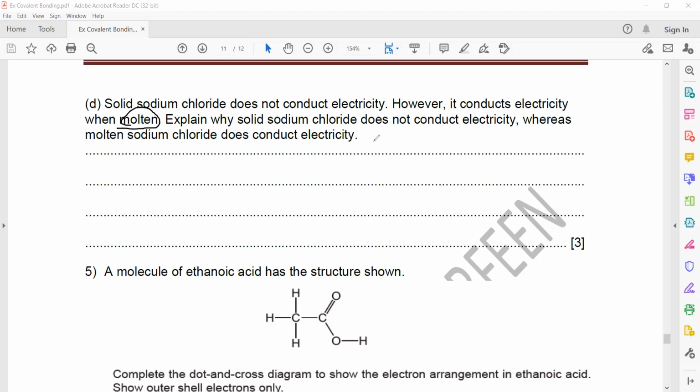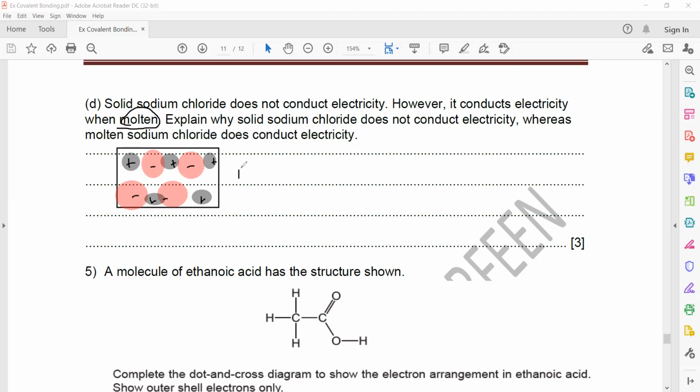So why does sodium chloride not conduct electricity in solid state? Because in a solid state, ions can vibrate, but they're not free to move from one place to another. So positive, negative, and so on.